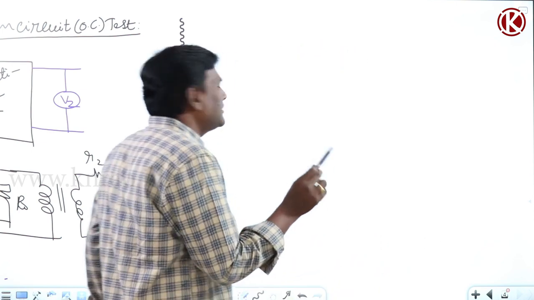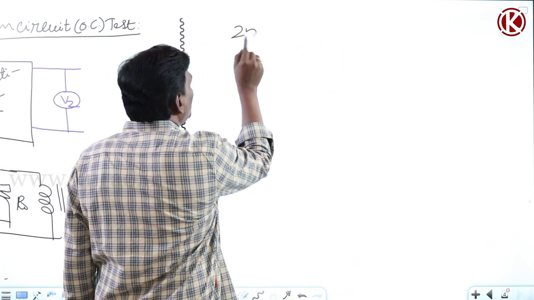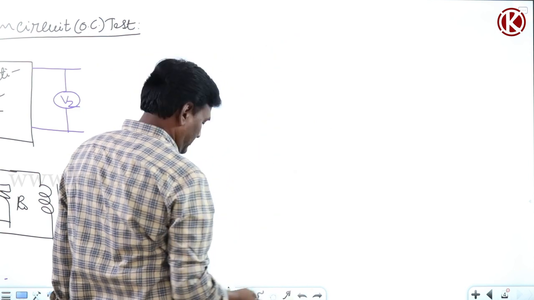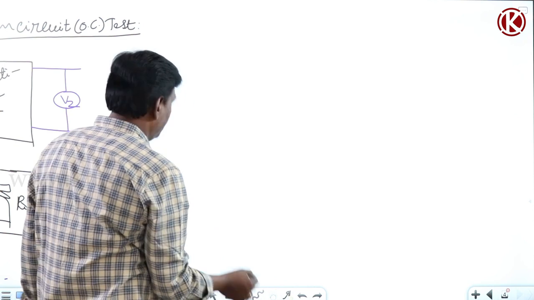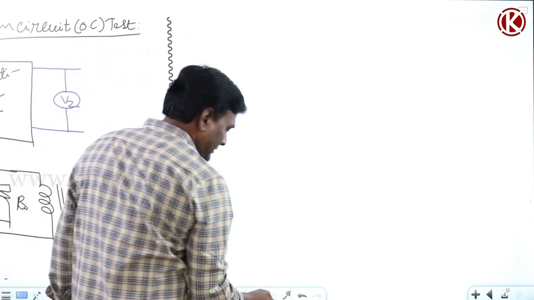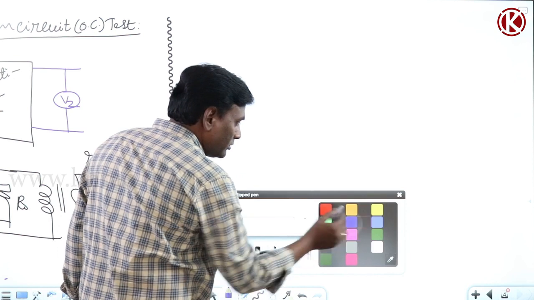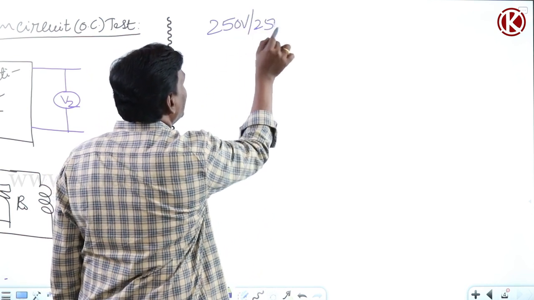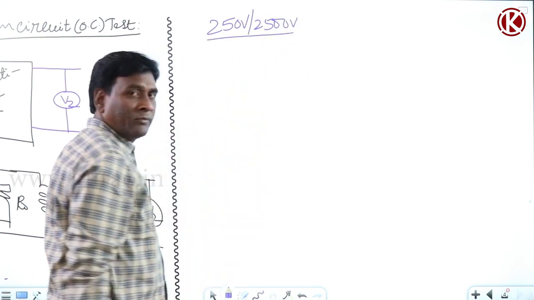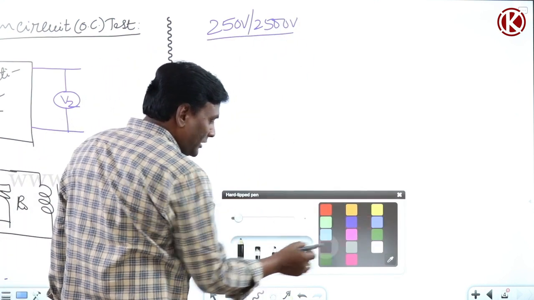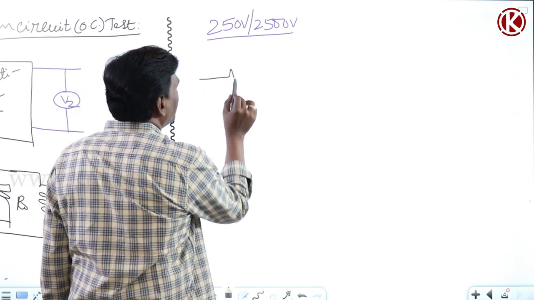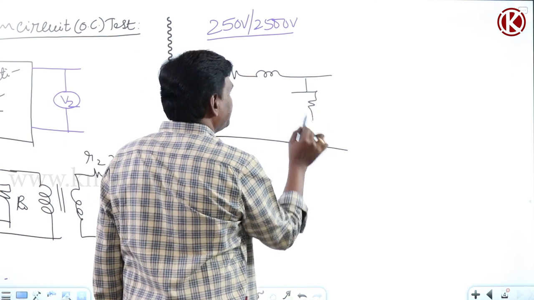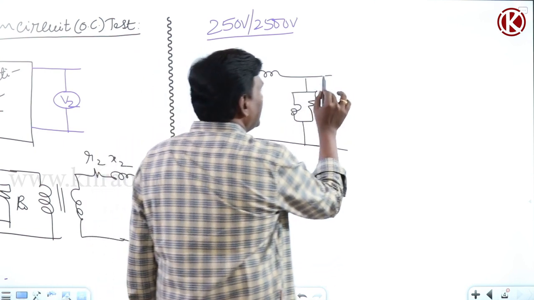For example, I have a 250 volts by 2500 volts transformer. Let me consider blue, as we have taken previously. If you try to draw the equivalent circuit: resistance, reactance, shunt branch.